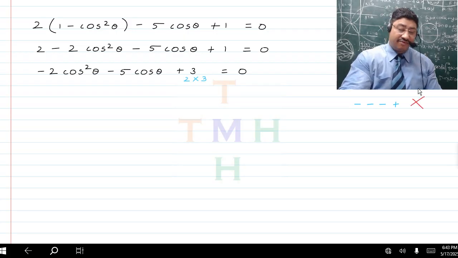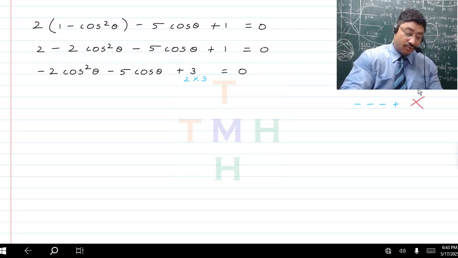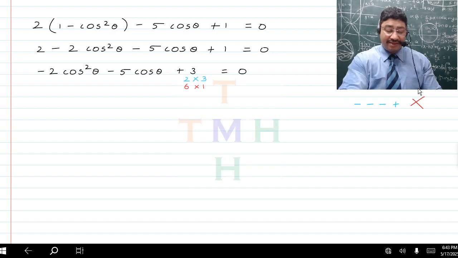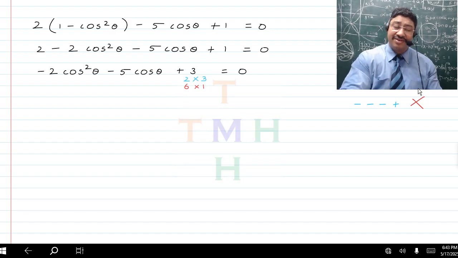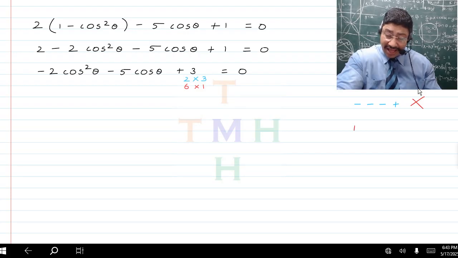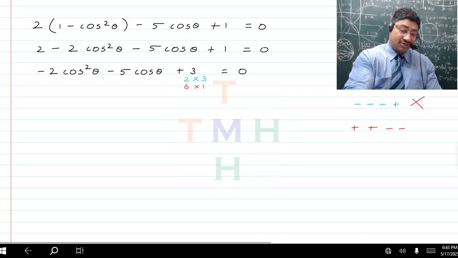And that is why we've got to devise some other rule. What we can do is we can now write this to be 3 into 2, which is 6, and we further multiply that by 1, and thus if we write minus 6 plus 1, that will again give us minus 5. And this is going to be fine because we will now have 2 terms with plus and 2 terms with minus. As such, this is perfectly fine, right?